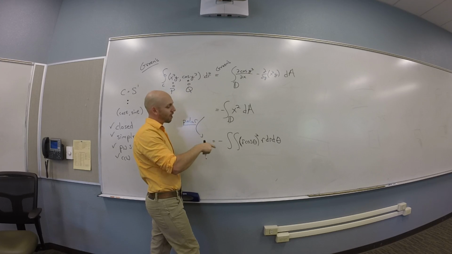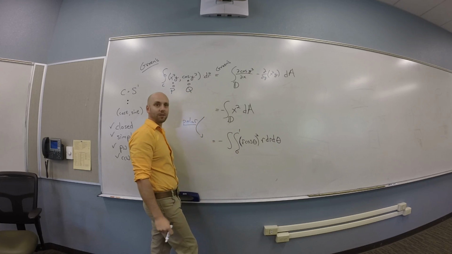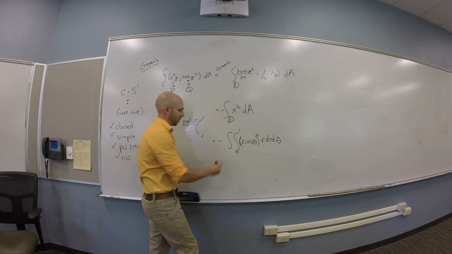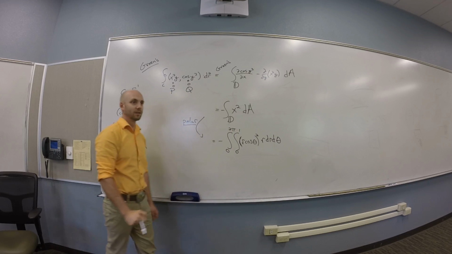And where do your r's range in the unit disk? 0 to 1, it's a disk. And the thetas go 0 to 2 pi because it's a full circle, all the way around the disk.